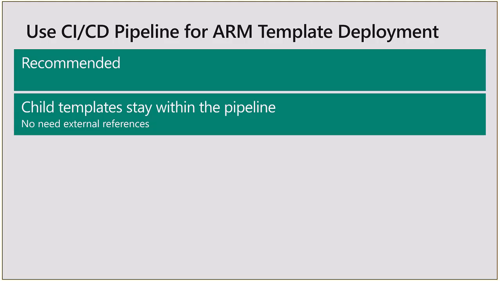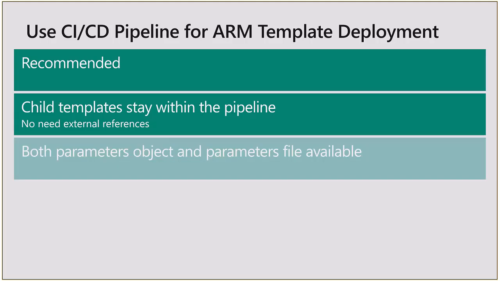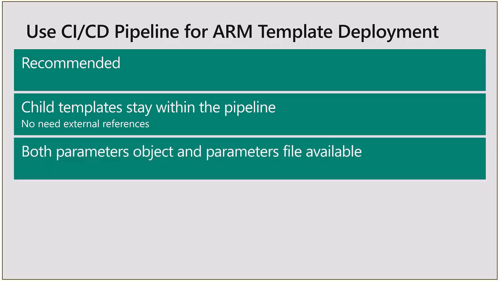Actually, there's no concept of child templates here because they are all staying within our pipeline. Also, we can use both parameter file and parameter object at the same time. Most default values are defined in the parameter file, and only some environment-specific values or sensitive information are passed through the parameter object.